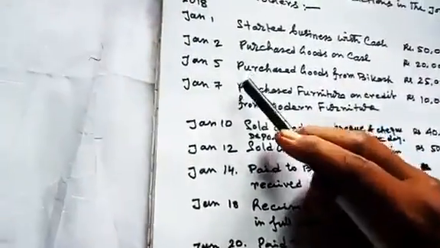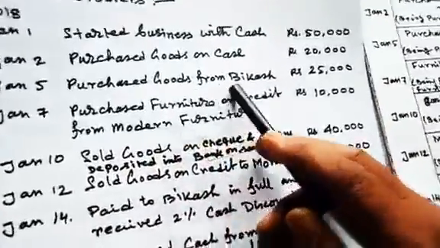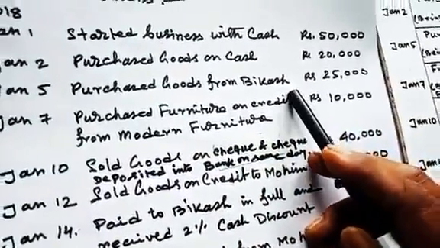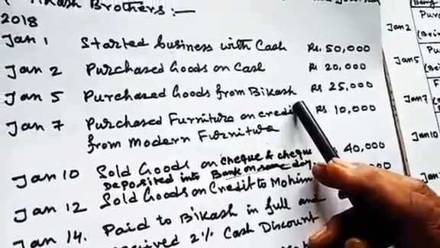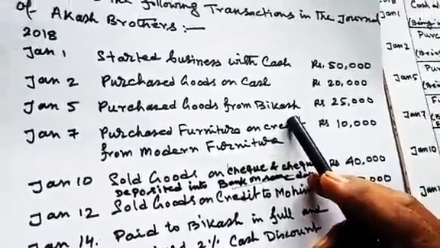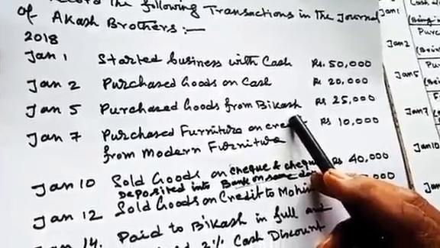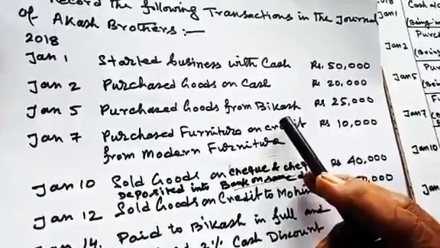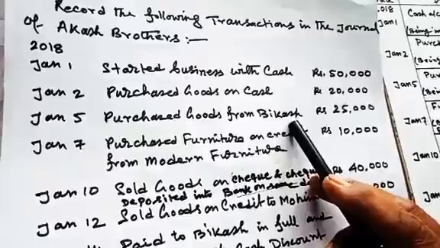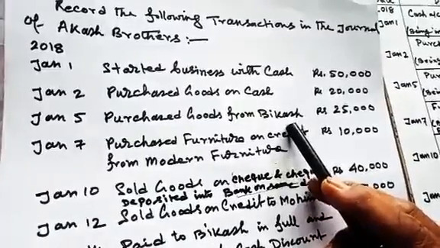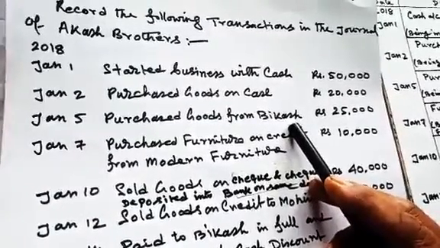The next transaction on January 5, purchase goods from Bikash. See here, when the name has been mentioned and it is not said whether it is on cash or credit, then you have to assume that it is a credit transaction.